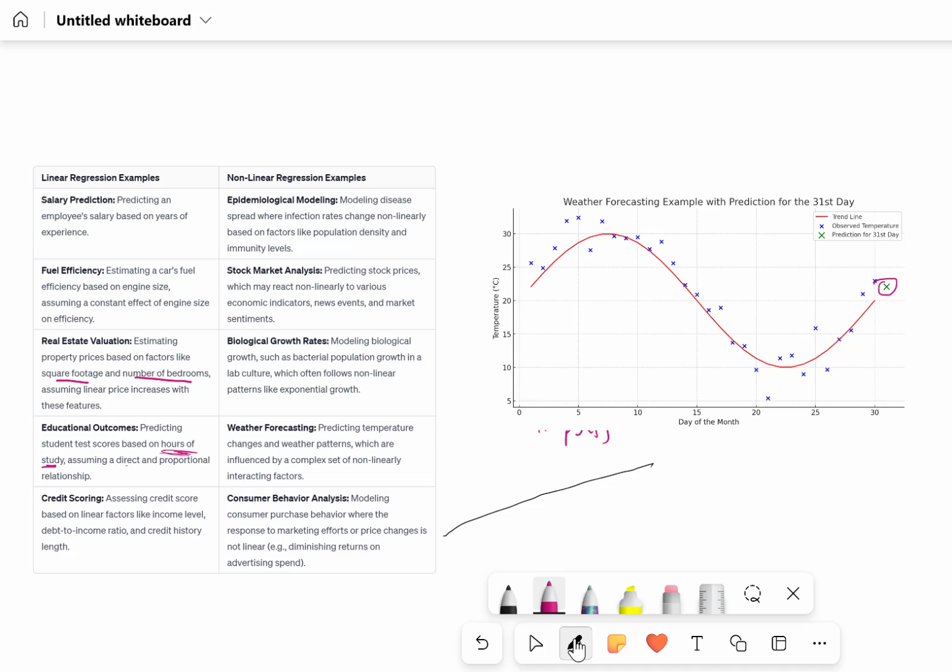Okay, so I'm hoping you've got an idea now of a non-linear regression model versus a linear regression model, and what regression actually means as well, and that it's used in supervised learning.